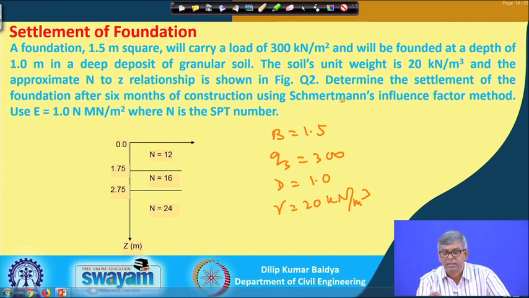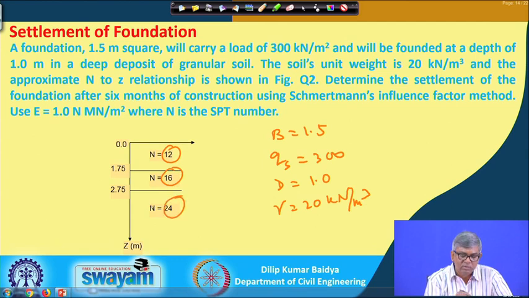How, I will talk about that. Actually, instead of giving E value, it can be correlated with N value, that is SPT number, which we will discuss later on. So, N is the SPT blow count. For this layer it was 12, for this layer it was 16, for this layer it is 24.